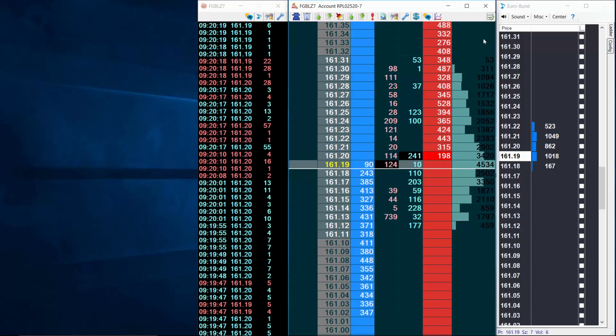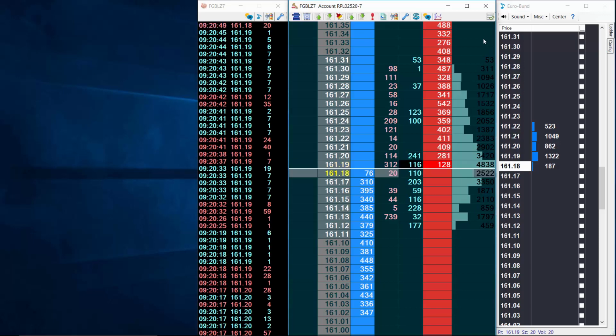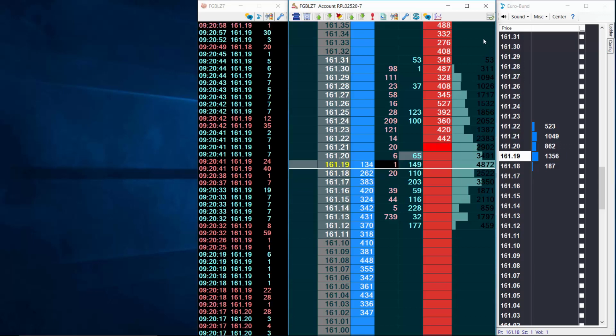And just for a final reminder, when we hear these sounds, that means that two definite conditions of volume flow and volume absorption have been met.